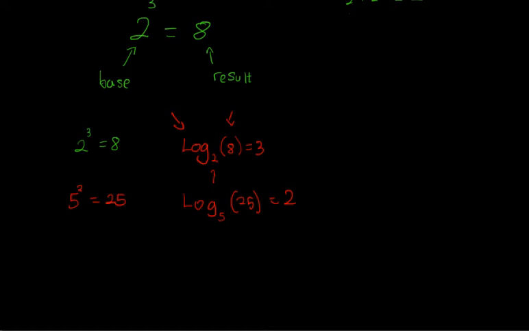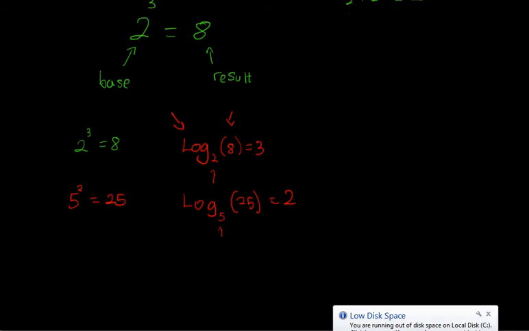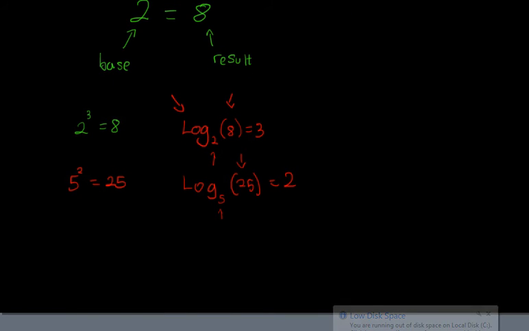So what I'm saying is the logarithm, in this case the index that I raise 5 to, to give me 25, is 2. And now we're going to work on a couple of extra examples.